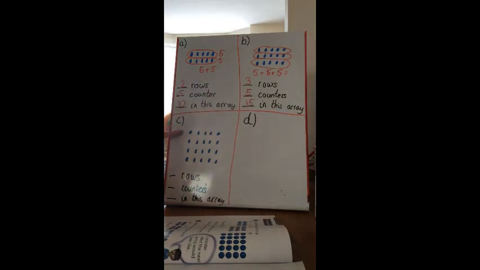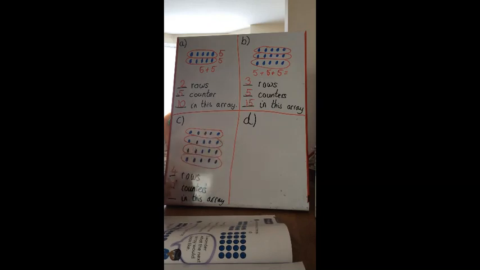Let's have a look at C. How many rows do we have in C? Let's count them. 1, 2, 3, 4. We have got 4 rows. How many counters in each row? 1, 2, 3, 4, 5.